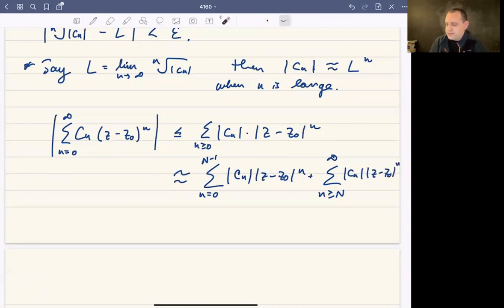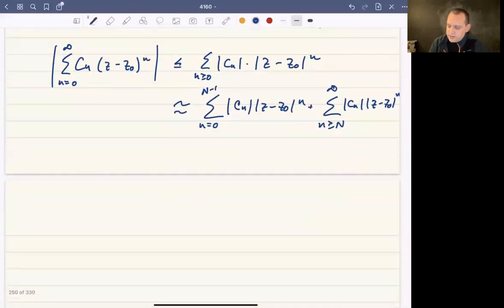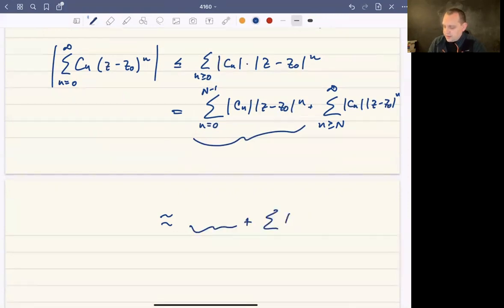So now this last sum is the thing that we have to look at. If little n is bigger than capital N, then, what I said actually is not approximately, it's equal to. And now, whatever this first thing is, it's finite. I don't really care what this is, but you get the first term, plus this sum, which is going to behave like L to the n times z minus z naught to the n.